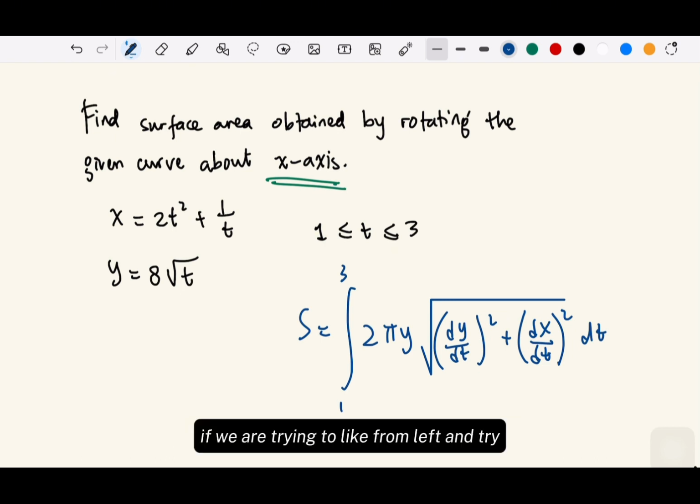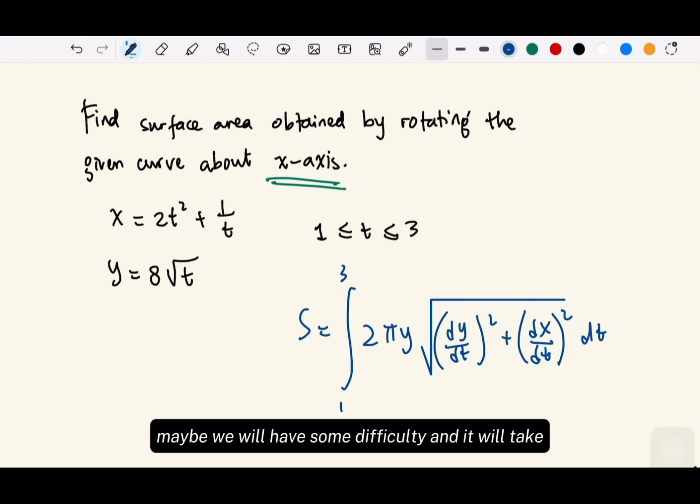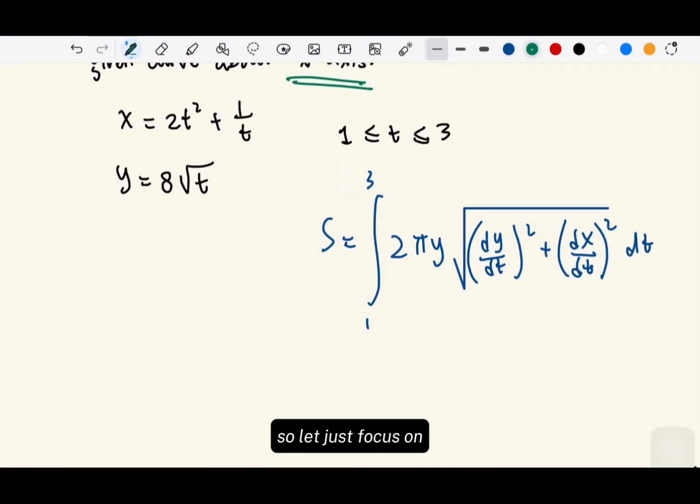If we try to solve it from the left, maybe we will have some difficulty, and sometimes it will take a longer time, right? So let's just focus on, let's take the dy dt, okay?